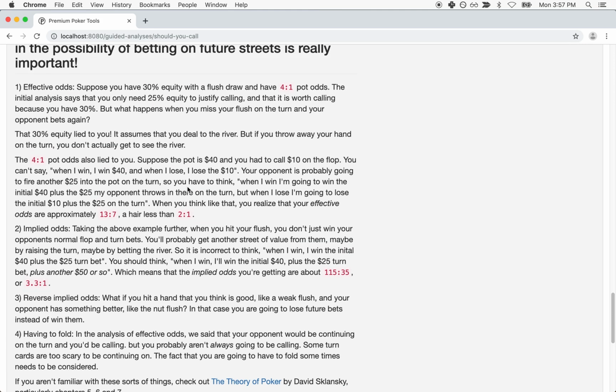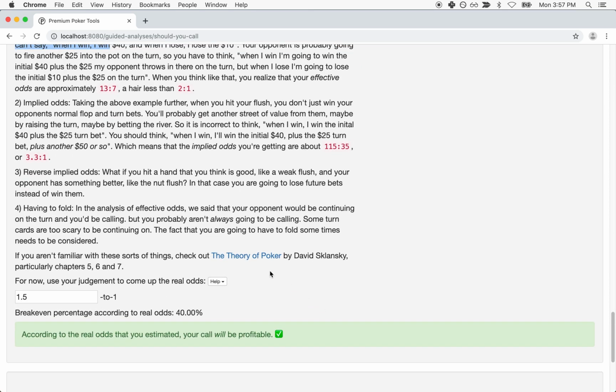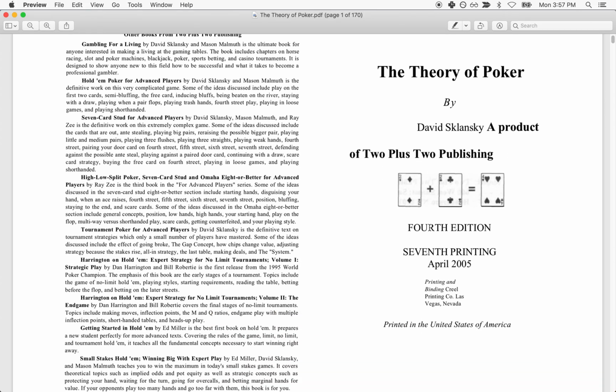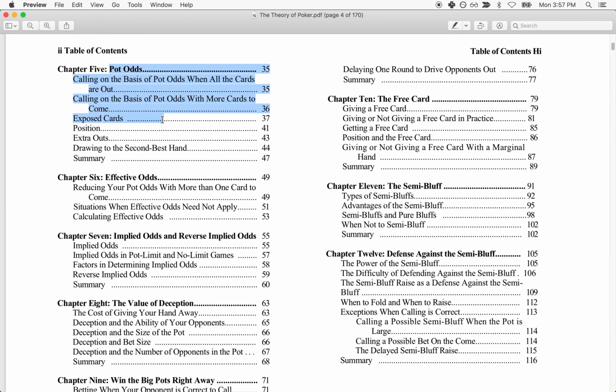If you're not familiar with effective odds, implied odds and real odds, I'd really recommend checking out The Theory of Poker by David Sklansky. It's like required reading for poker players, particularly chapters 5, 6, and 7 for this tool. I've got a PDF of the book here. Chapter 5 is talking about pot odds, then effective odds, and implied and reverse implied odds.